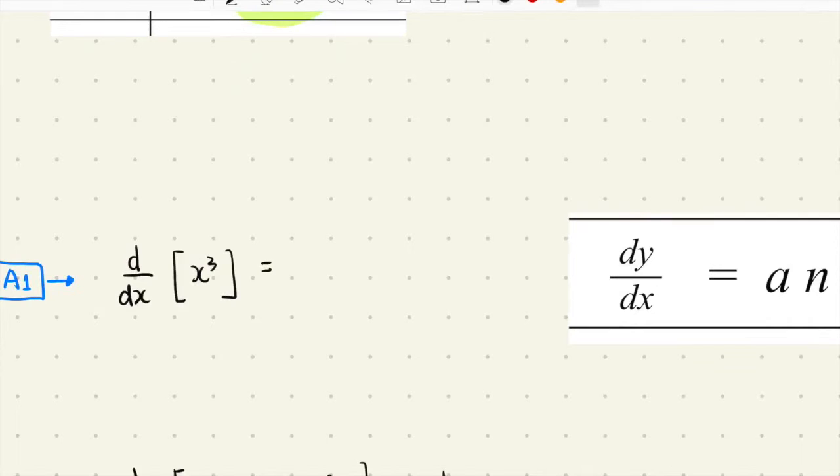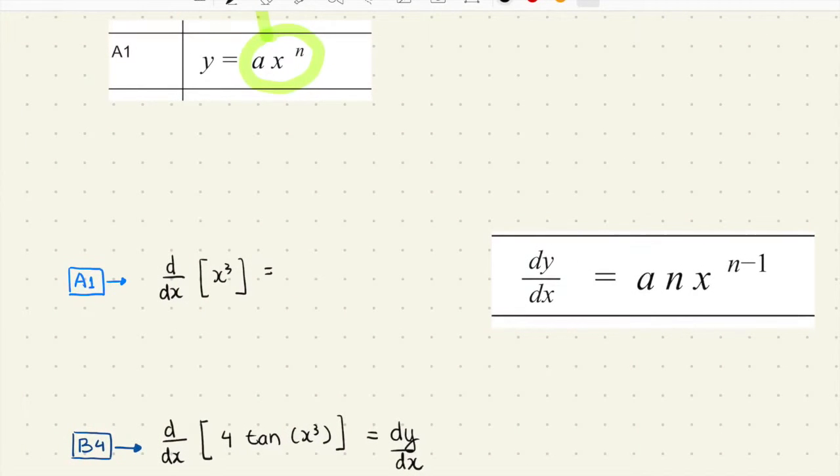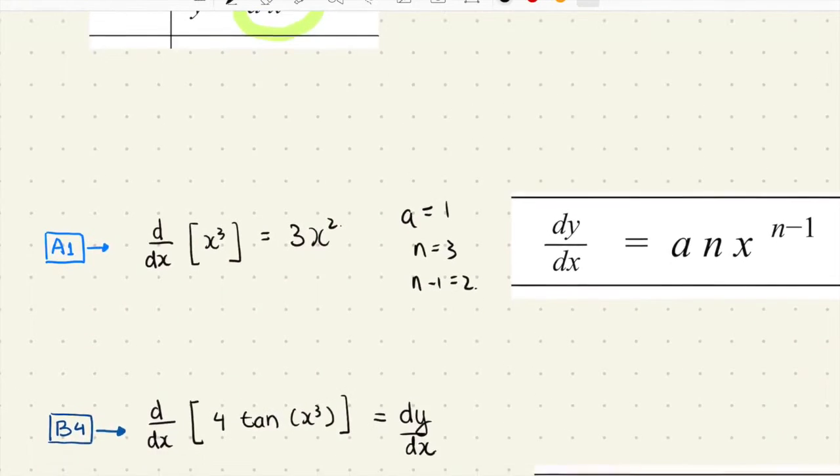Very simple, I think you get used to this already. d/dx of x cubed is 3x squared, right? Because a equals 1, n equals 3, n minus 1 is 2, which means a times n is 3. Then you get 3x squared, no problem.